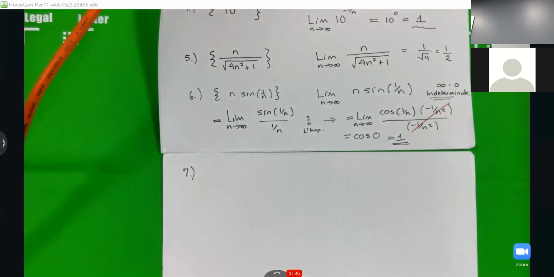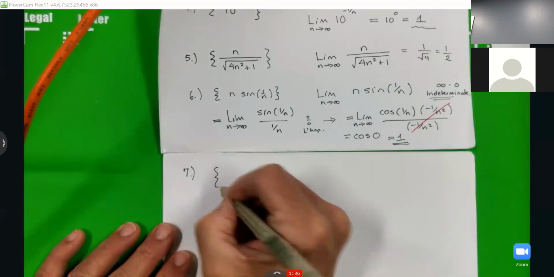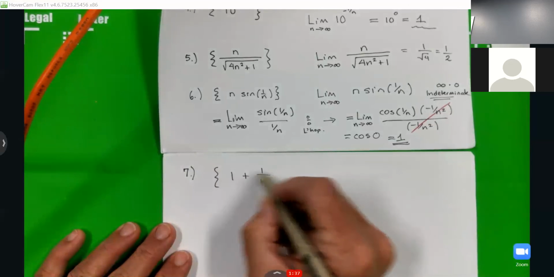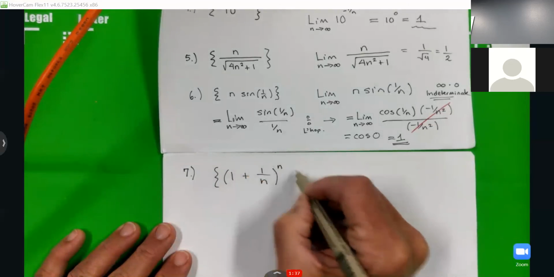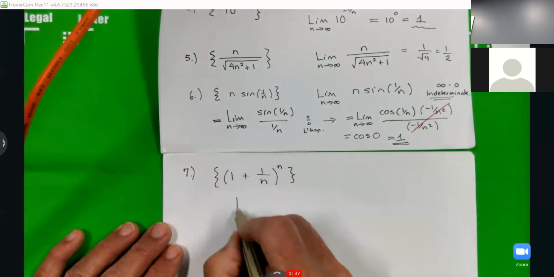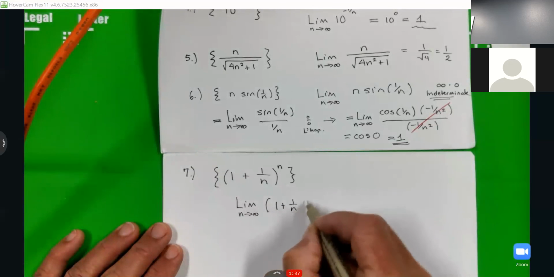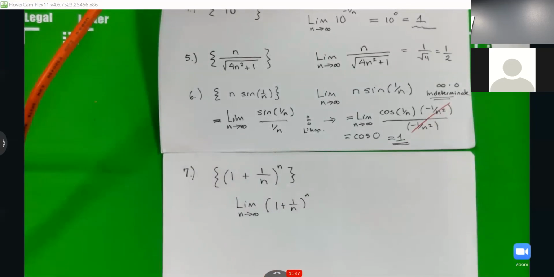Let's see if you remember this one. So this is generating terms that look like 1 plus 1 to the 1, 1 plus a half, all squared, 1 plus a third, all cubed, 1 plus a fourth, all to the fourth.